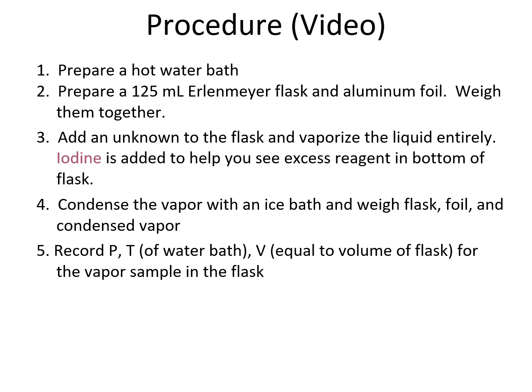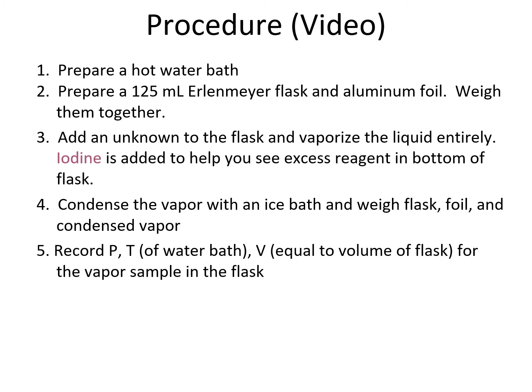You can see in the video that it's dyed a little with some iodine, and that's just so we can see when it has fully vaporized, because iodine is kind of a brownish tint. Otherwise these liquids would be clear, so it would be hard to tell when they've evaporated. So we've added some iodine so we can see it.